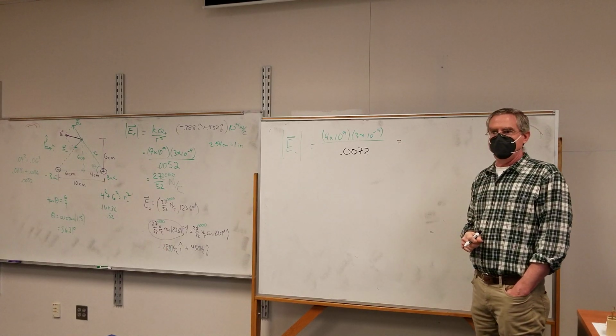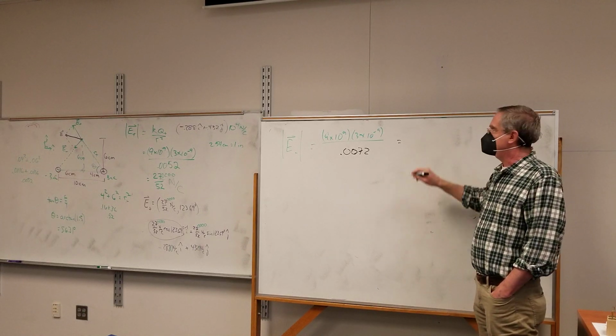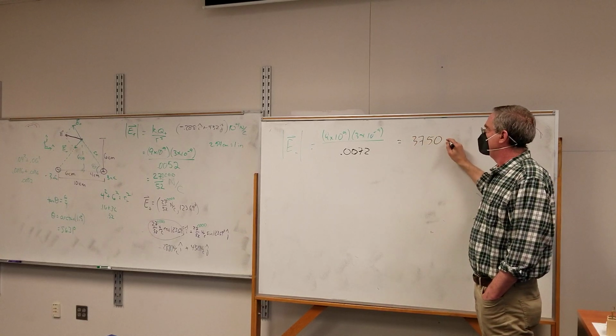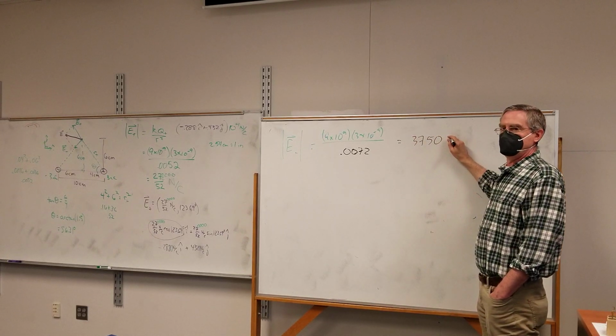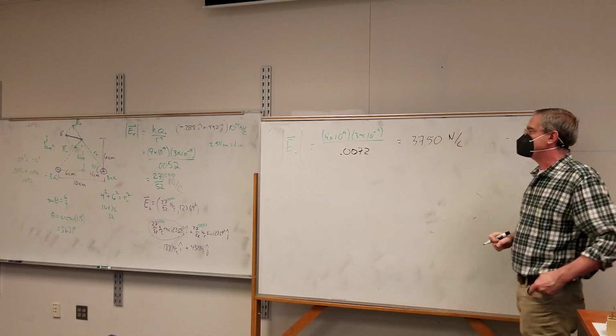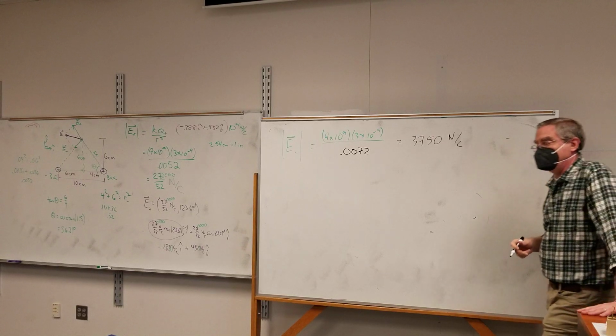And what mythical and magical number do we end up with? 3,750. And what the heck, we'll throw units into it. Newtons per coulomb. All right. Now we're cooking. We need to figure out the angle.